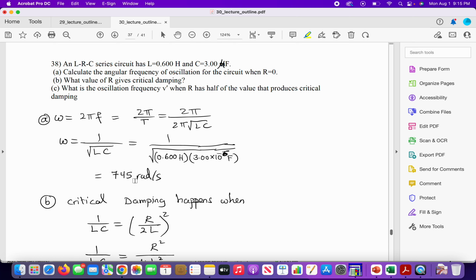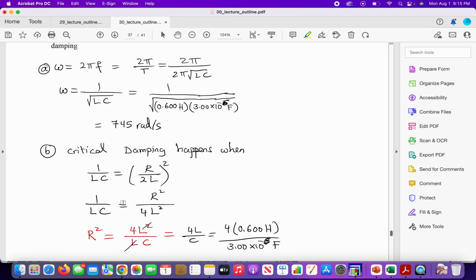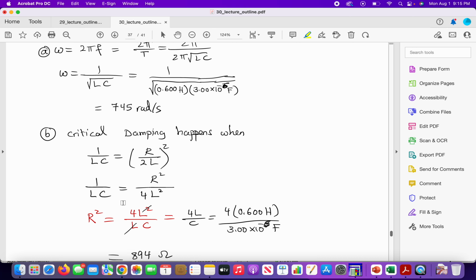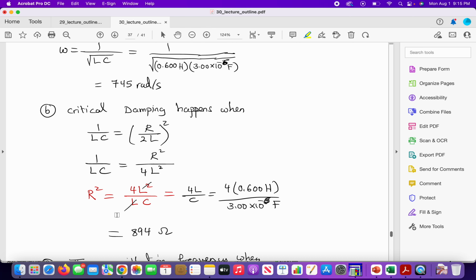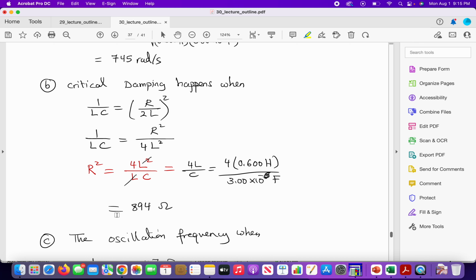Now we know that when we have an R that is gonna give the critical damping, the critical damping is gonna happen when 1 over LC equals R over 2L squared, and then from that I can calculate what is the value of R, and it is 894 ohms.